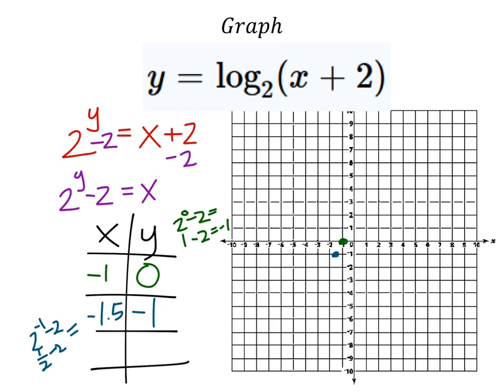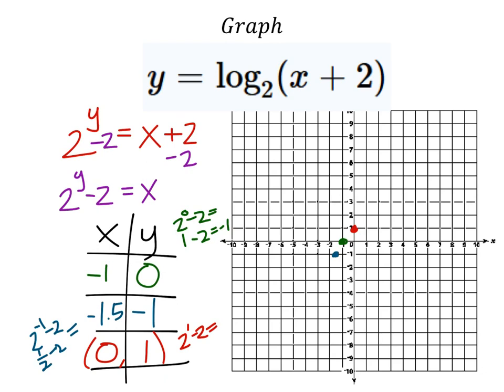Alright, next up, let's go on the positives. So we'll try 1. So that's 2 to the power of 1 minus 2, which is 2 minus 2, which is 0. So again, that's an ordered pair, 0, 1. There we go.